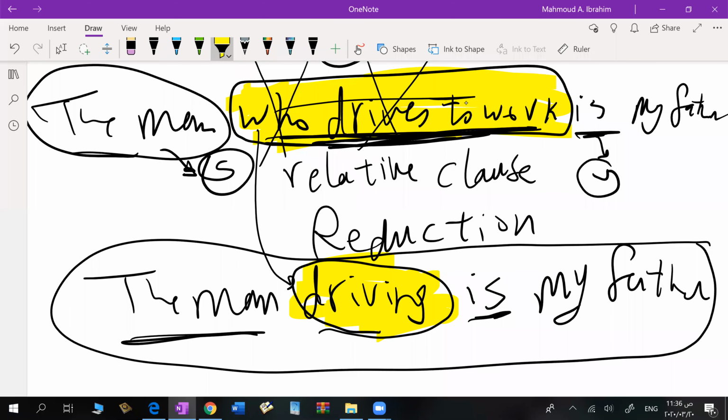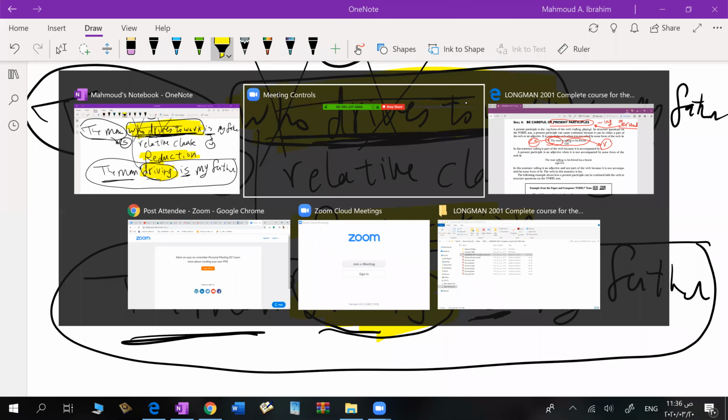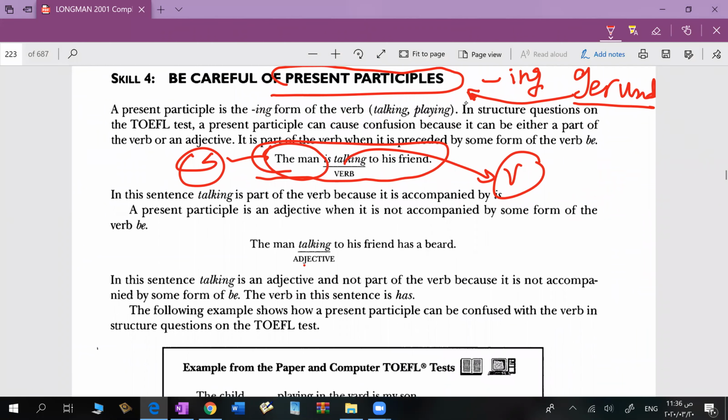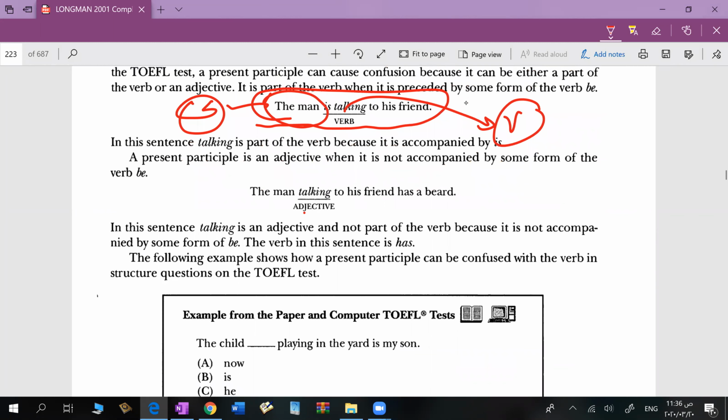You have the subject, the man, you have the verb, is. Okay? So this is again called what? Reduction. Okay? So here what Deborah Phillips wants to say is be careful of present participles in this case. Because you can say, for example, the man, which is the subject, talking to his friend has a beard. Now, this is a reduced relative clause.